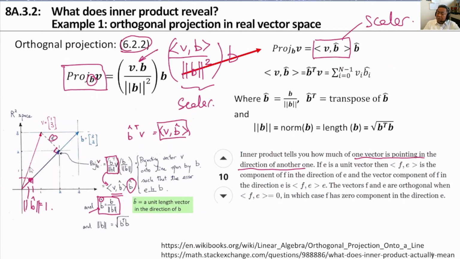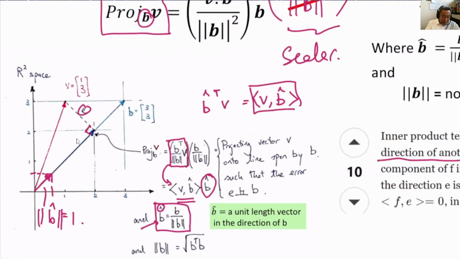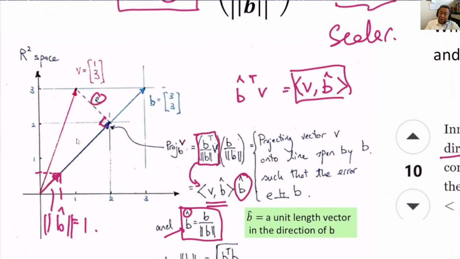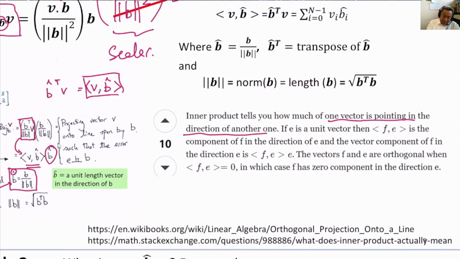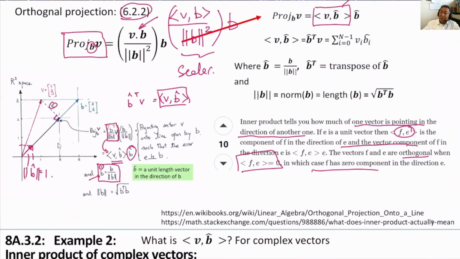Now, what happens when v and b are orthogonal? Then we know that the inner product will be 0. So this also tells us that if the two vectors are orthogonal, then when we project one vector onto the other, there's nothing we can do, and we basically multiply 0 by the other vector.